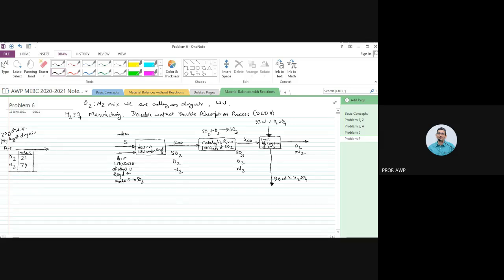Now, if this water vapor is there and I supply this air here, there will be water vapor in the stream coming to the burner. There will be water vapor going out of the burner into the catalytic reactor. Do you agree with that?